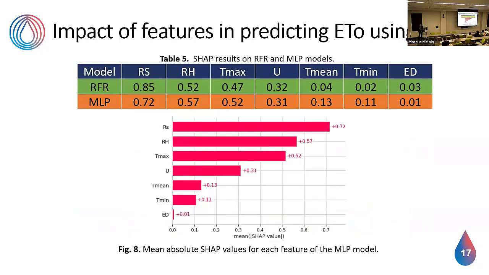We performed SHAP analysis on these 2 models. As you can see here, solar radiation was the most important feature on both models, followed by relative humidity, maximum temperature, wind speed, mean temperature, and minimum temperature, followed by the elapsed days.